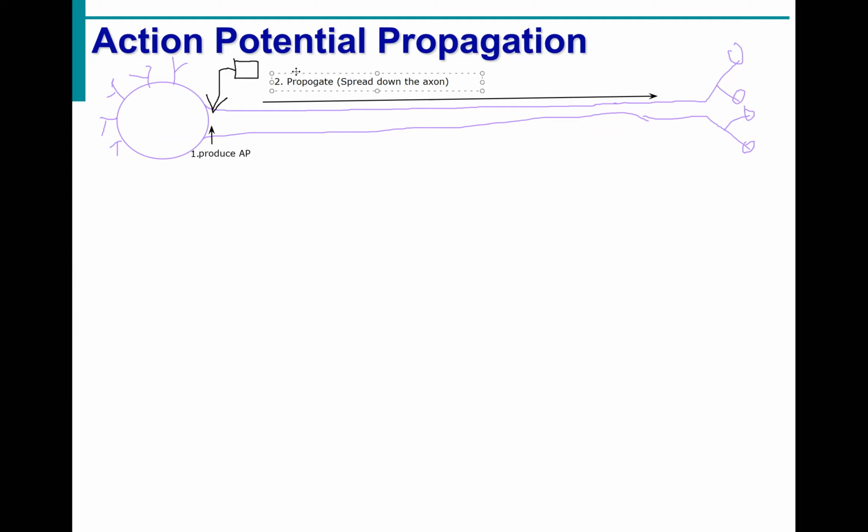We want to be able to produce an action potential and have it go however far we need it to go. If we had an axon that went from here to Seattle, Washington, we could send a signal to grandma who lives in Seattle on that action potential. And we want to be able to get that whole way. So one of the keys to our action potential propagation is not only do we need to spread it, but along the way, the action potential is going to self-strengthen.